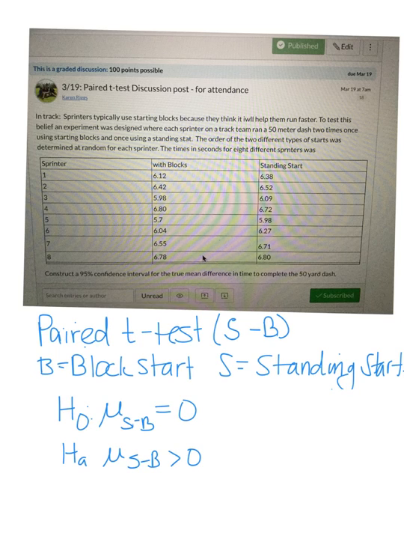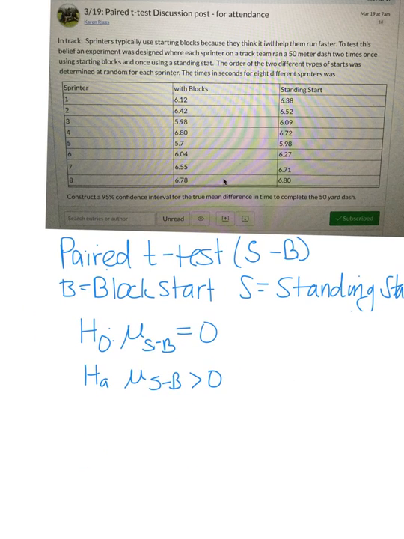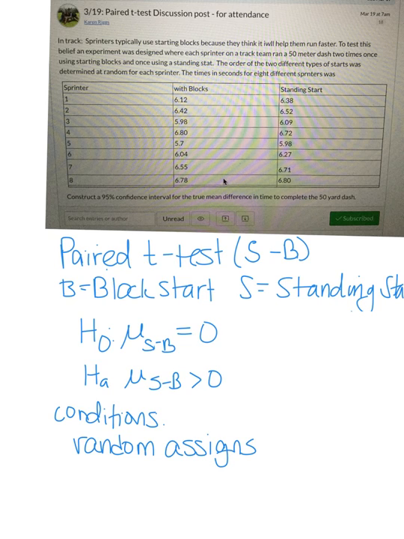Okay, so now we are going to need to do our conditions. So in this case, our conditions for a paired test start out with random assignment, which means no 10% rule.